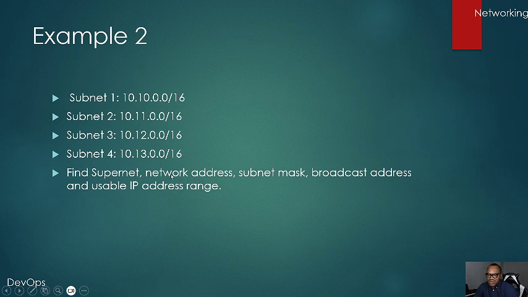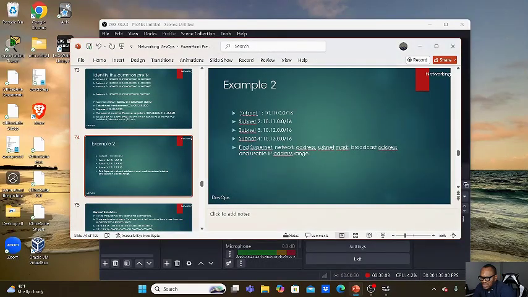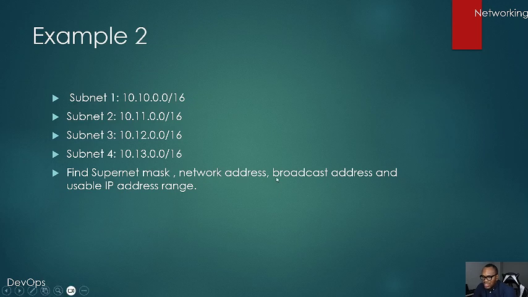Subnet mask should not be here; this is Supernet mask. So find your Supernet mask, find your network address, find your broadcast address, and find a usable IP address range. So pause the video and do that now.